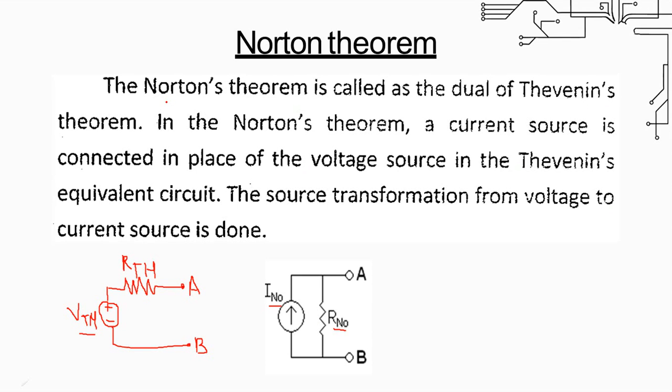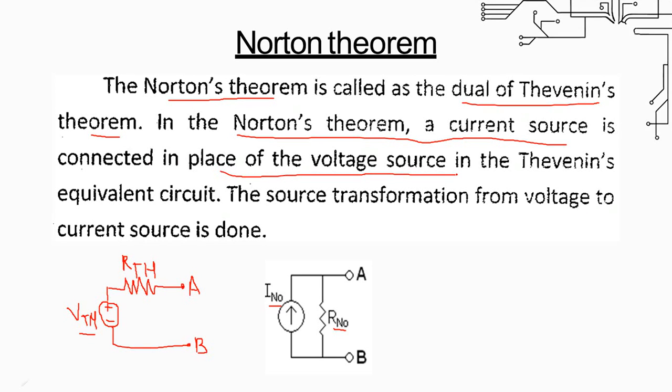Hence Norton's theorem is called the dual of Thevenin's theorem. Because in Norton's theorem we are using a current source instead of a voltage source. We are replacing the voltage source by a current source in Thevenin's equivalent circuit.